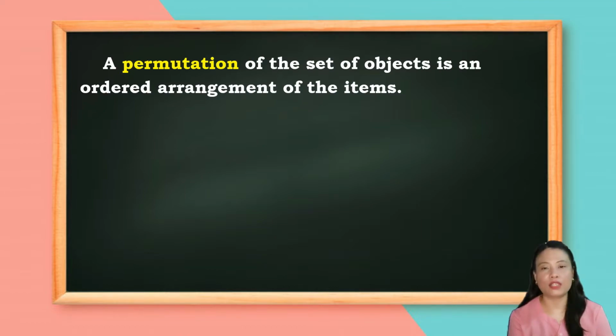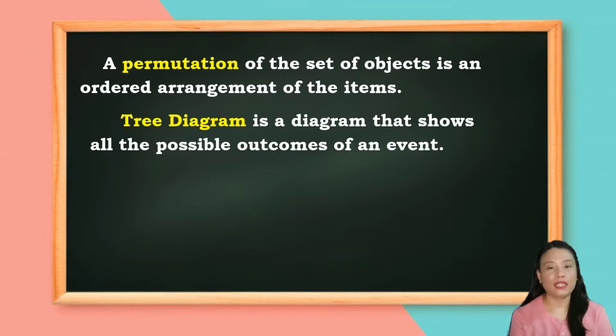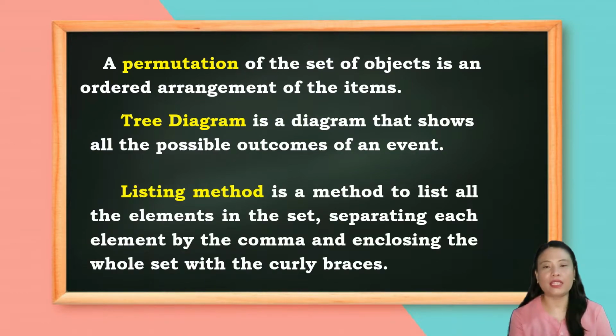For the nth selection, there's only one choice. One way of finding his arrangement is using tree diagram. Tree diagram is a diagram that shows all possible outcomes of an event. Another way is the listing method. Listing method is a method to list all the elements in the set, separating each element by a comma and enclosing the whole set with a curly brace.